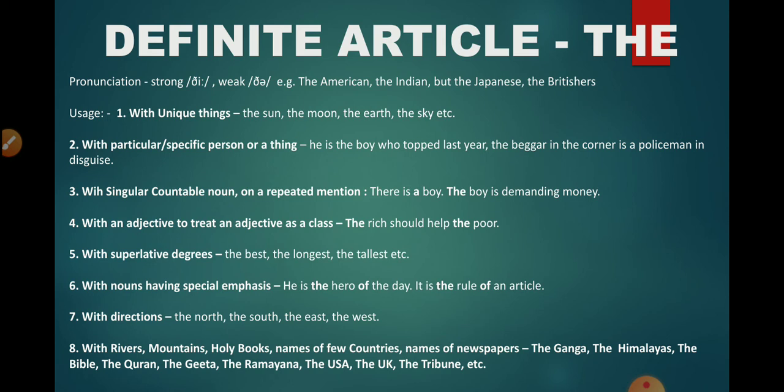For example, we have an example, there is a boy. The boy is demanding money. Here the word boy is a common noun and singular, and we have introduced it using the indefinite article a. But when the context continues, the second sentence is introduced, the same boy is mentioned again in the second sentence because he's being mentioned for the second time.